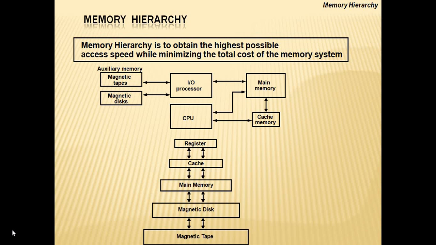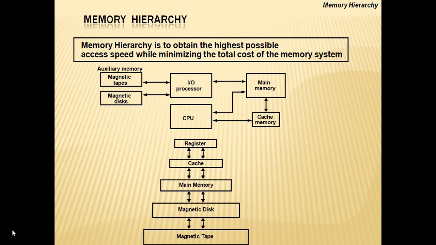They are used for storing the system programs, large data, and other backup information. Only program and data that is currently needed by the processor resides in the main memory. All other information is stored in auxiliary memory and transferred to the main memory when needed.